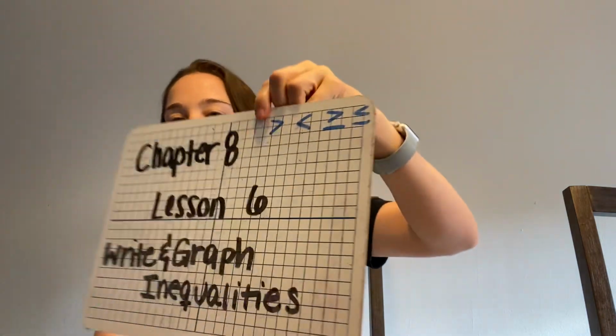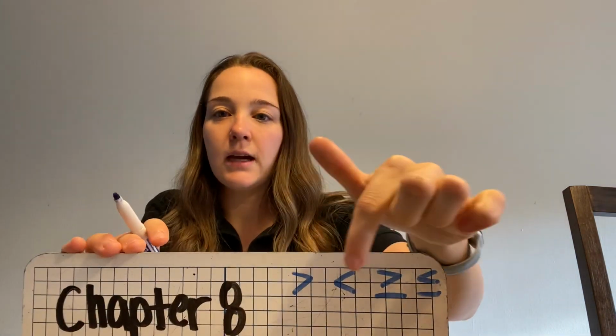Okay, now for you all, we have to remember that you learned 4 different signs yesterday. You learned a greater than, well, you knew that already, but a greater than and a less than. But you also learned a greater than or equal to and a less than or equal to. Okay, we learned all of these signs yesterday.